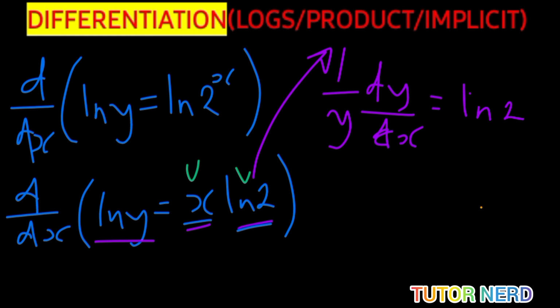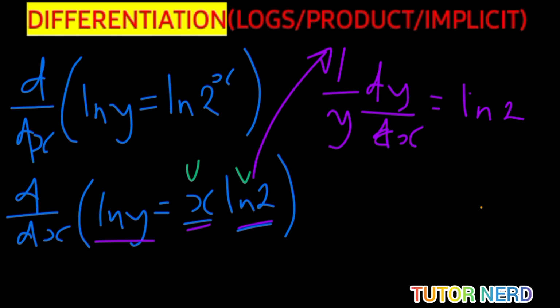Now, all we need is to find dy over dx. In this part, we are having dy over dx, so let us make dy over dx the subject. Then we are done. Here we're having 1 over y dy dx.